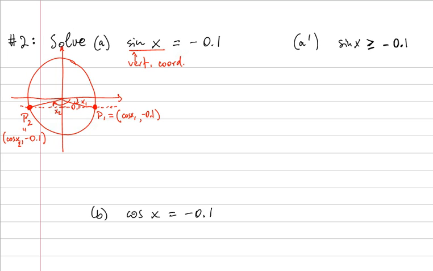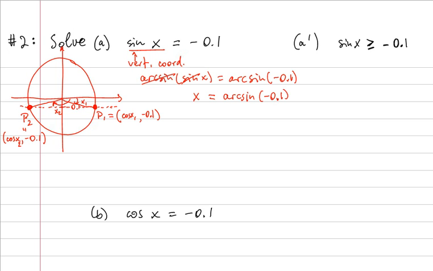So what we do is we apply arc sine to both sides of the equation. Arc sine is the inverse function of sine, so arc sine and sine go away because they're inverse functions, and I'll have that x is arc sine of negative 0.1.